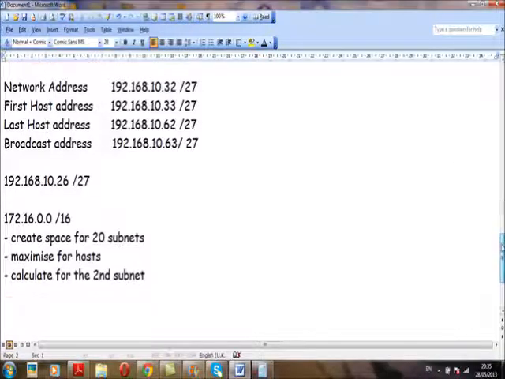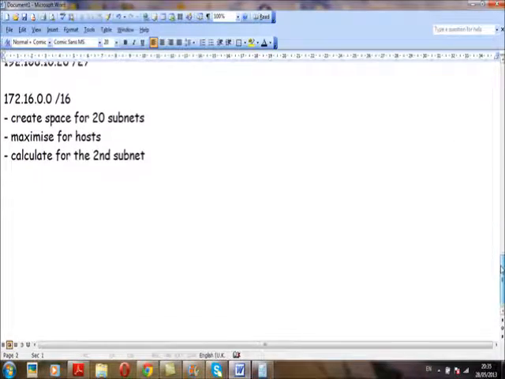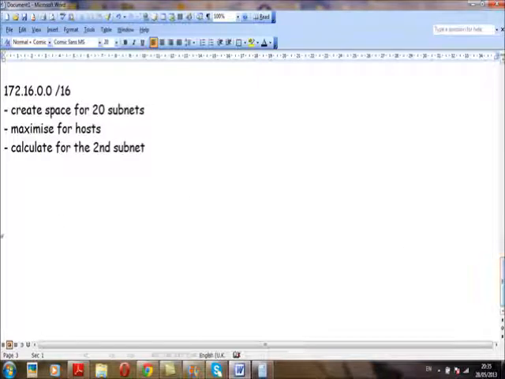Right, let's give it a go and see what we can do. So we've got 172.16. We want the second subnet. The best thing we can do is to turn everything straight away into binary. So I'm going to take 172. 172 is a 128, a 32, which makes 160.